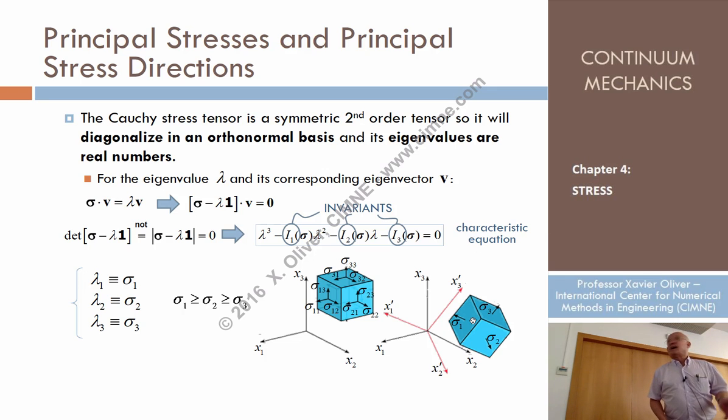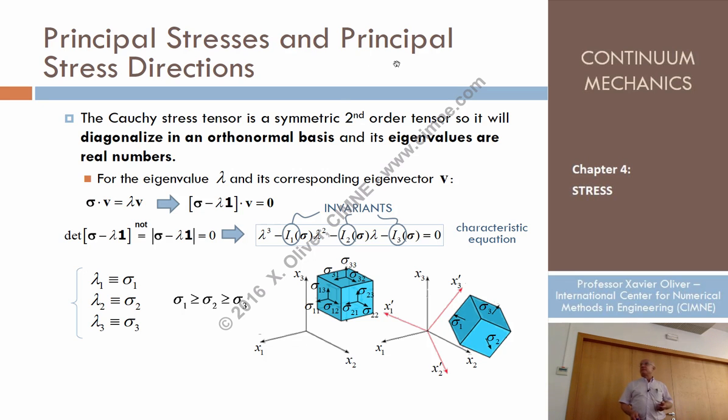Because they are physical stresses, which are the stresses in specific directions or planes, right? So reasoning on this equation, which is called the characteristic equation, these coefficients would have to provide the same solutions regardless of the original system of coordinates.